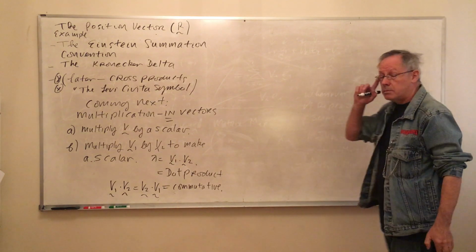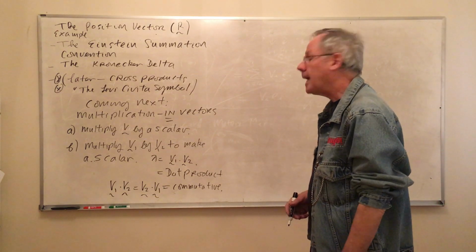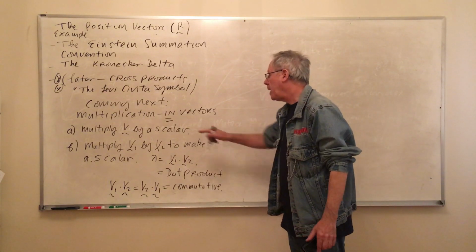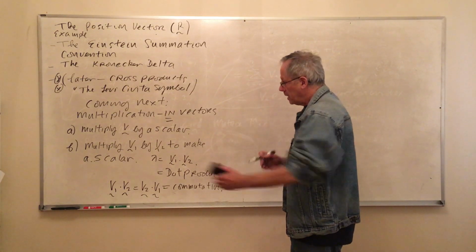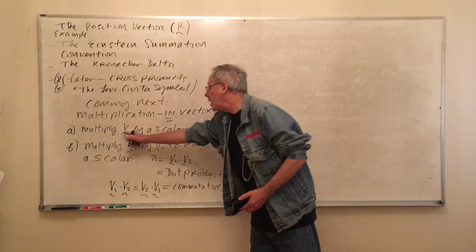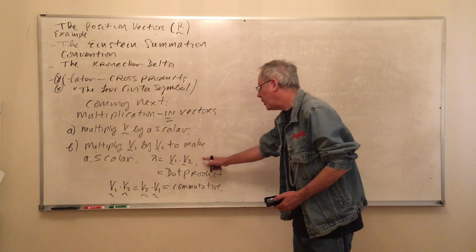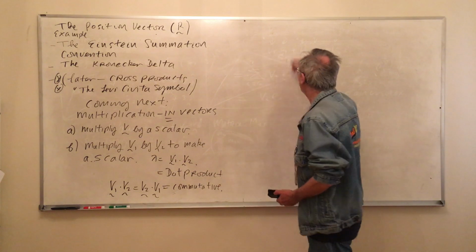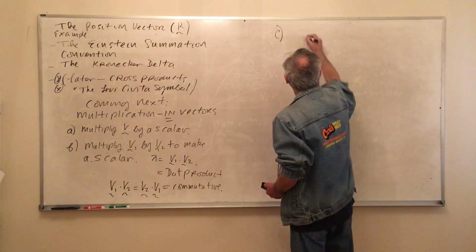Now what's the third way to multiply a vector? Well, you can guess, right? Here we just multiply by a scalar to make a vector. Let's say we multiply by 10, the new vector is going to be 10 units long. This one here we get a scalar multiplying two separate vectors. So now we get two vectors.